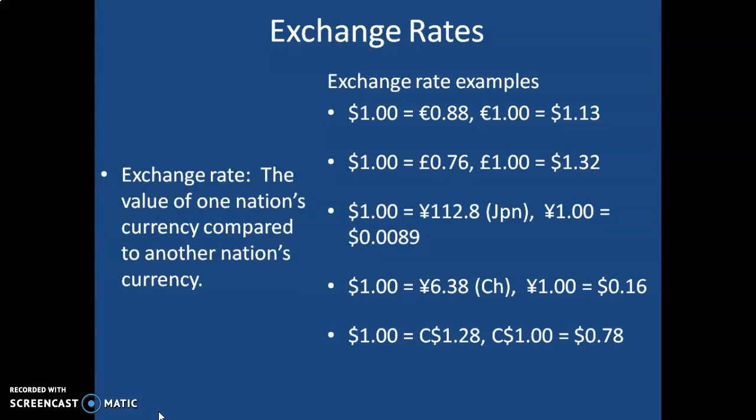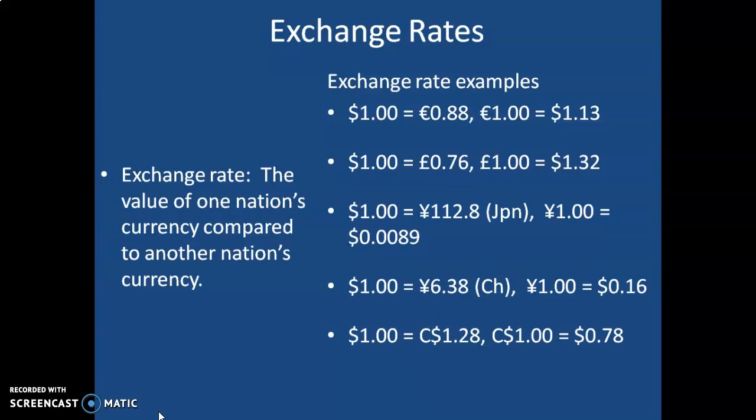The next one down is the British pound. $1 equals 0.76 British pounds. 1 pound equals $1.32. By the way, this is kind of interesting. You may be familiar with the term Brexit. Back about 5 or 6 years ago, the UK left the European Union.